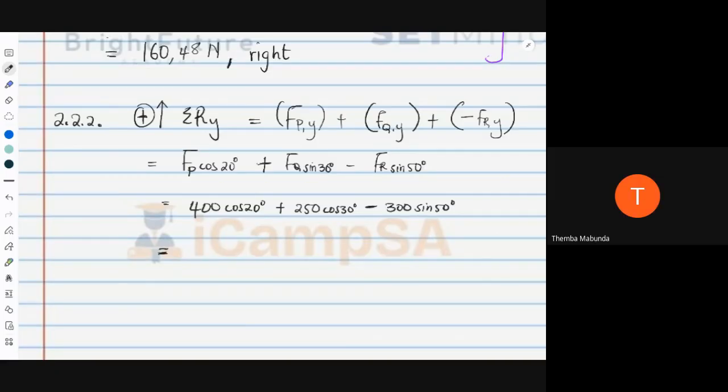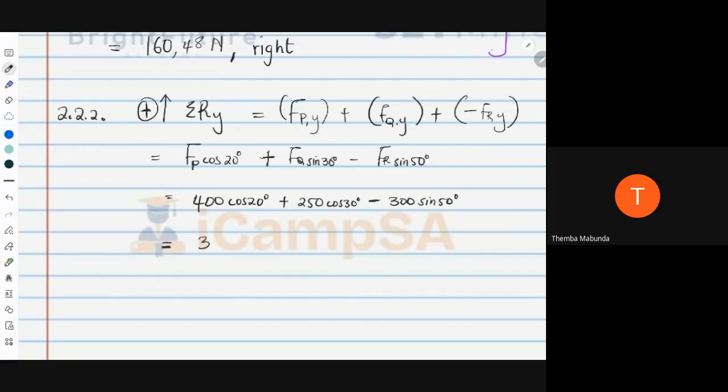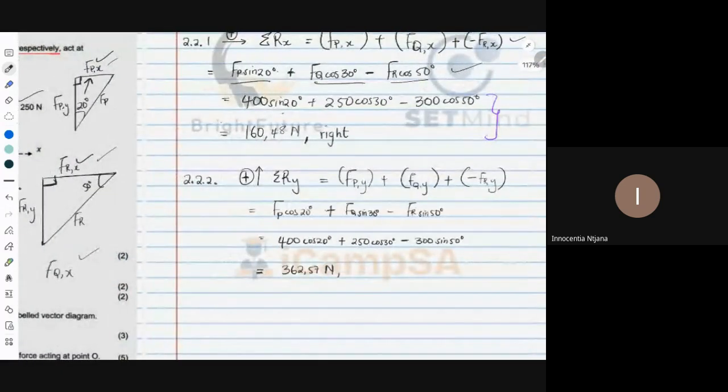I got 362.57. Okay, is it positive or negative? Positive. And then, so what's the direction? Upwards. Yes, because why is it upwards?